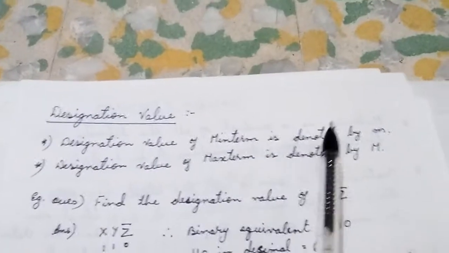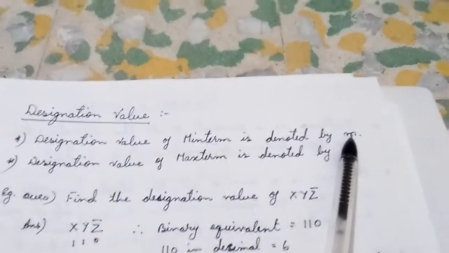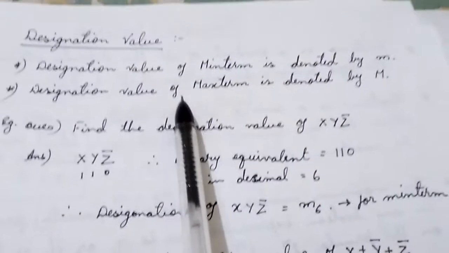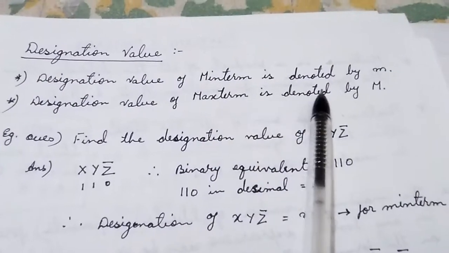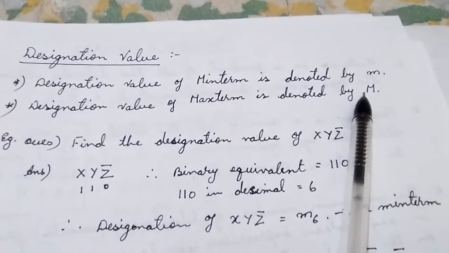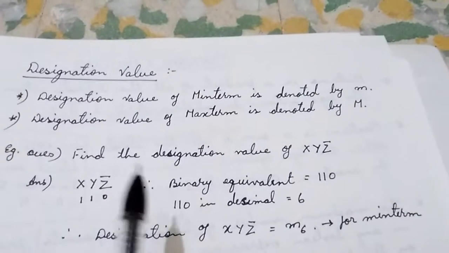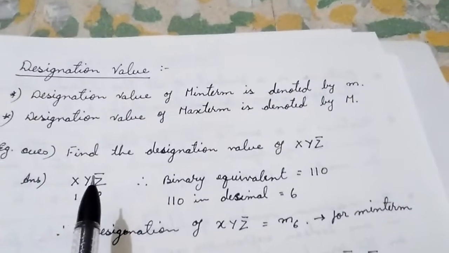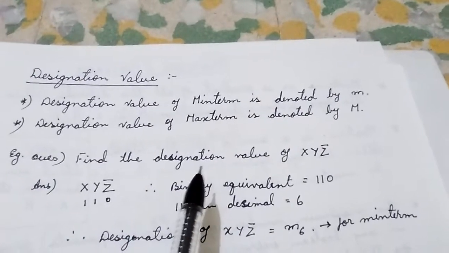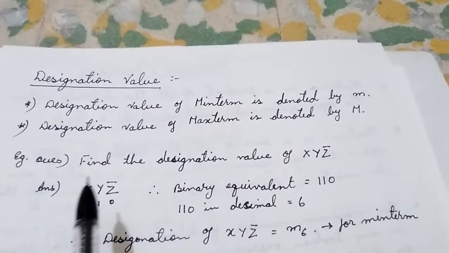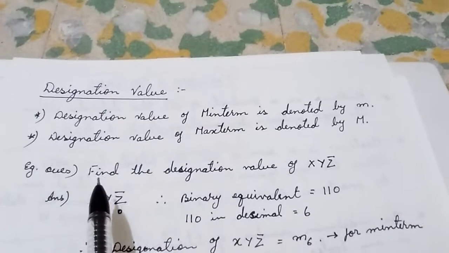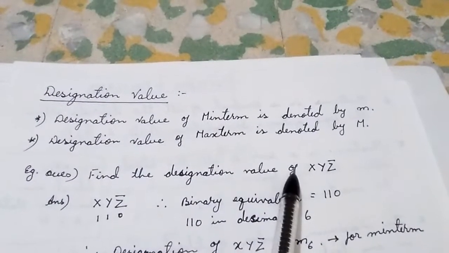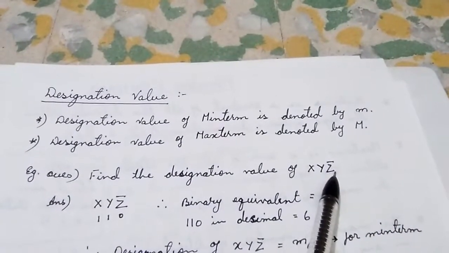The designation value of a min term is denoted by small m, and the designation value of a max term is denoted by capital M. How to find the designation value of any given expression? For this, we just have to remember the binary combination of each. For example, find the designation value of x, y, z bar.